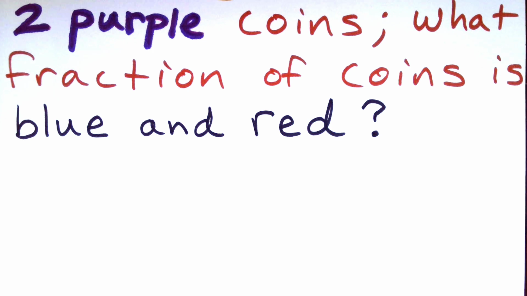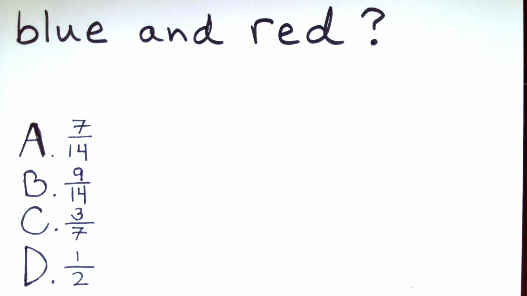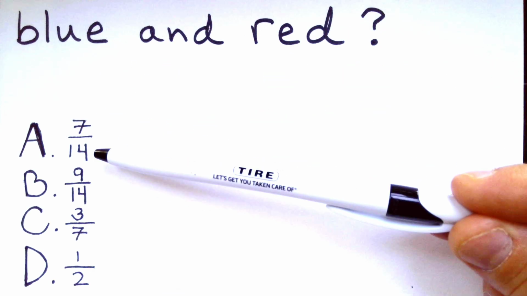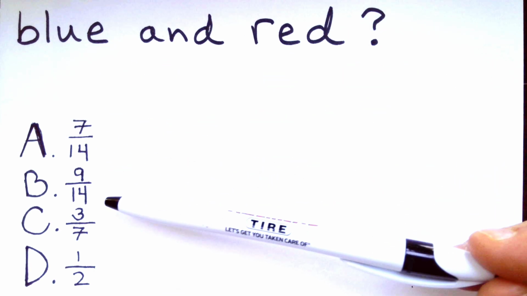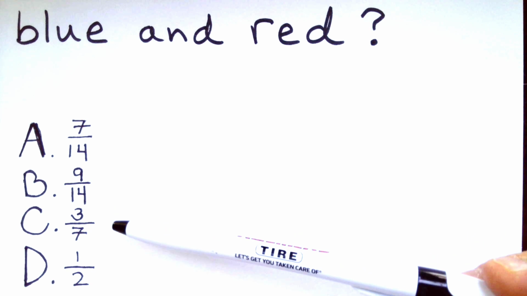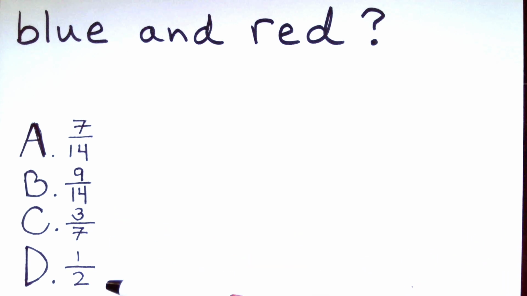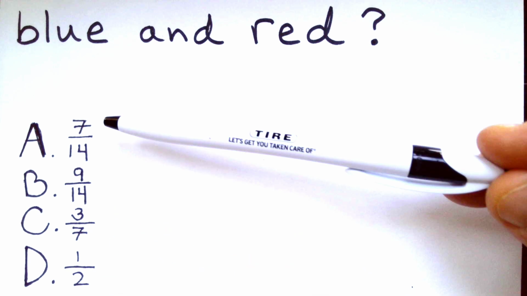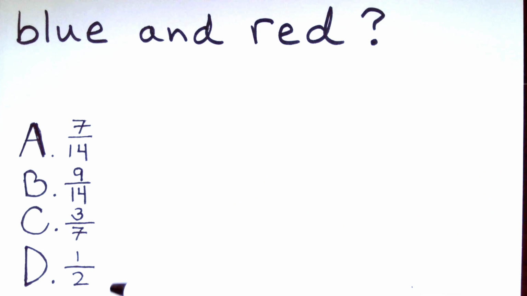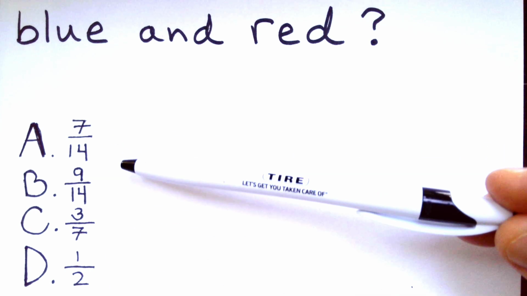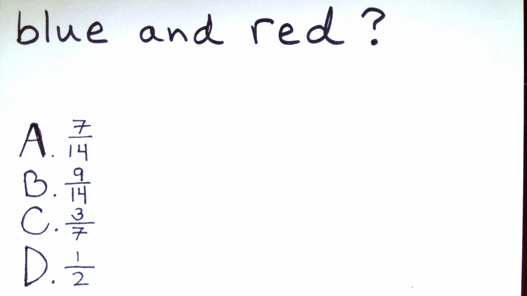What would the fraction be that would represent that? Would it be A, 7/14ths, B, 9/14ths, C, 3/7ths, or D, 1/2? Take a look at these options, A, B, C, and D. Is there anything that looks out of place with any of those fractions?